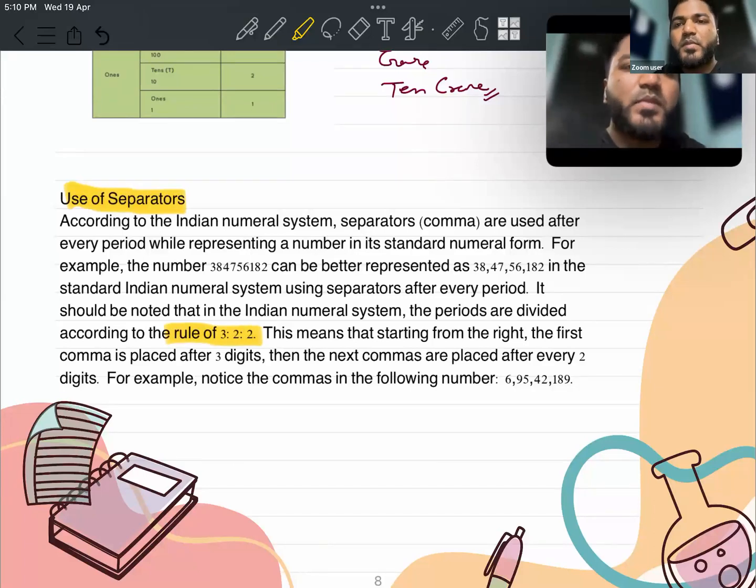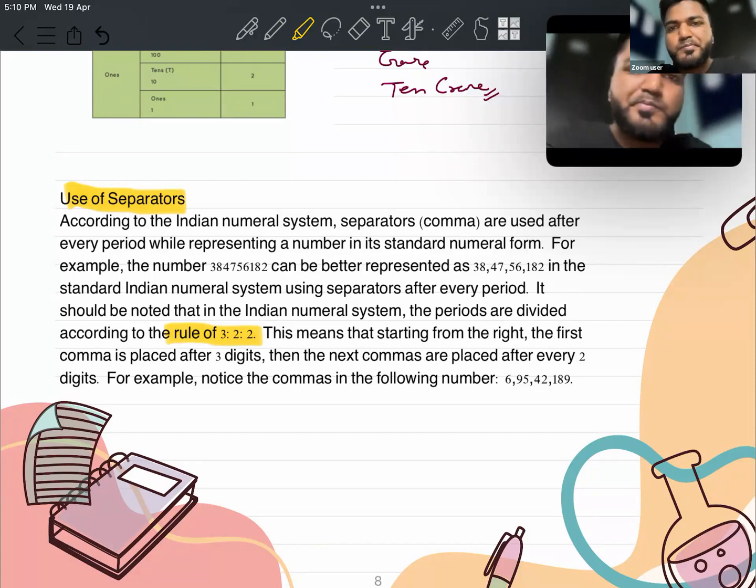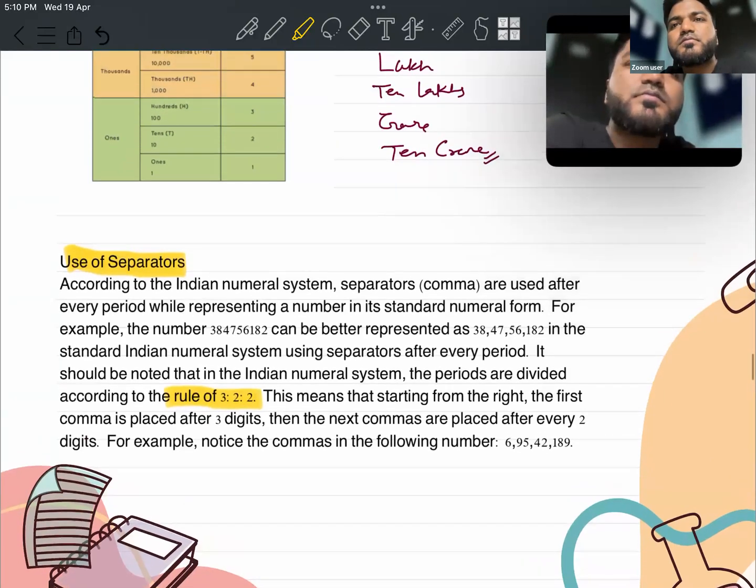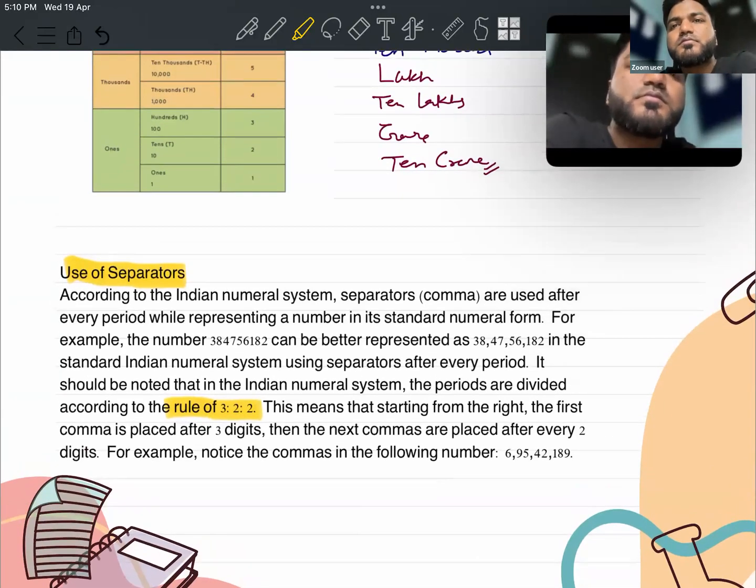Sir, one more thing, I have a question. In the Indian system, if they put a number with more than 9 digits, how will we do that?